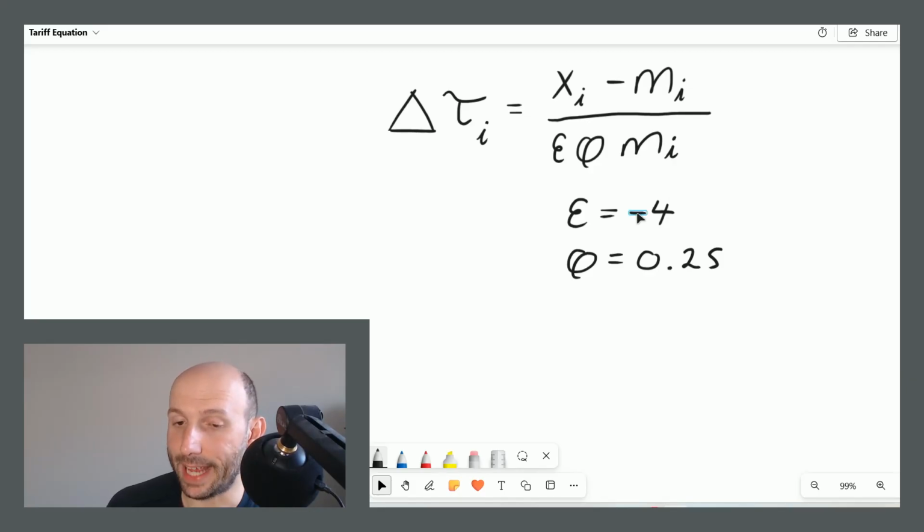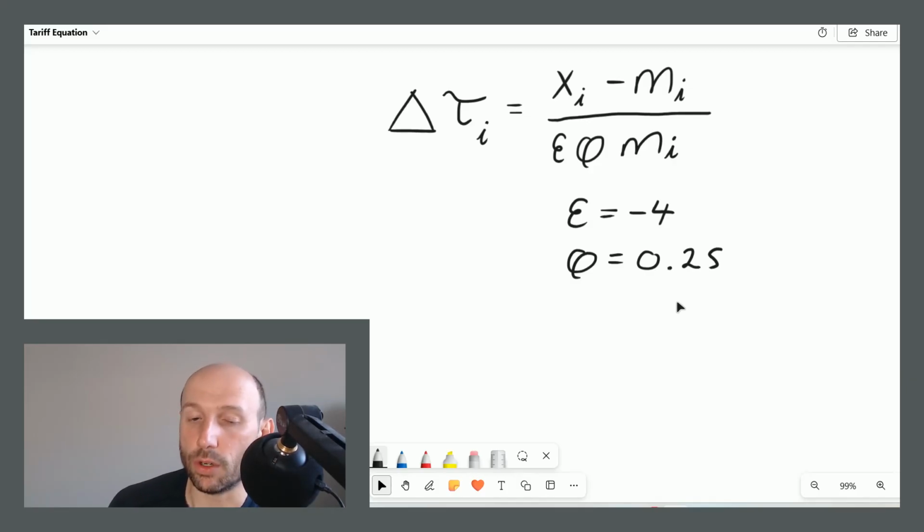Okay, so again, epsilon is negative, right? Because import prices going up means less imports, right? And 4 tells us that the amount of imports is actually quite sensitive to import prices, which makes sense. Now, phi being 0.25, rather close to 0, tells us that import prices are not too sensitive to a change in tariffs.